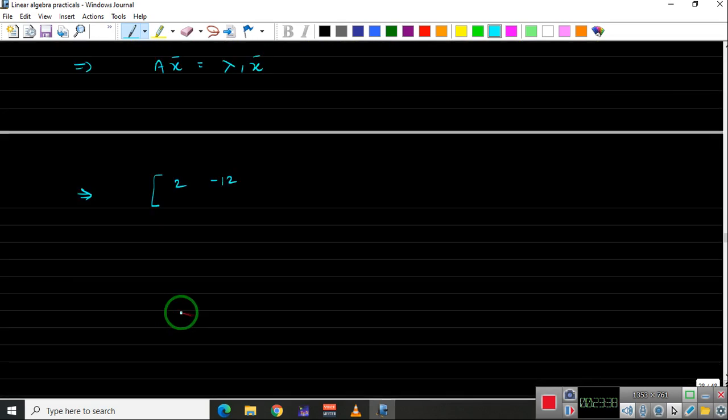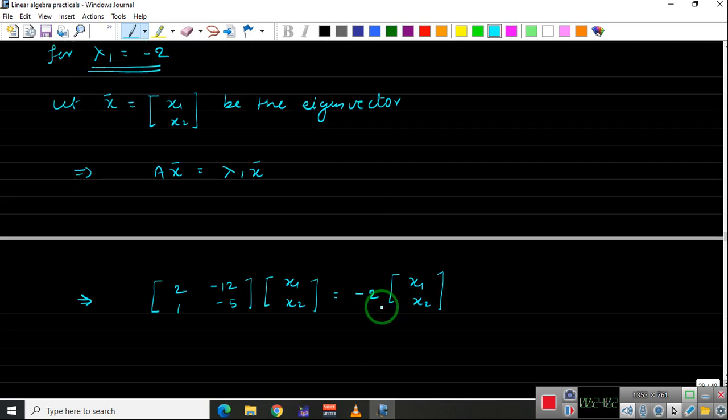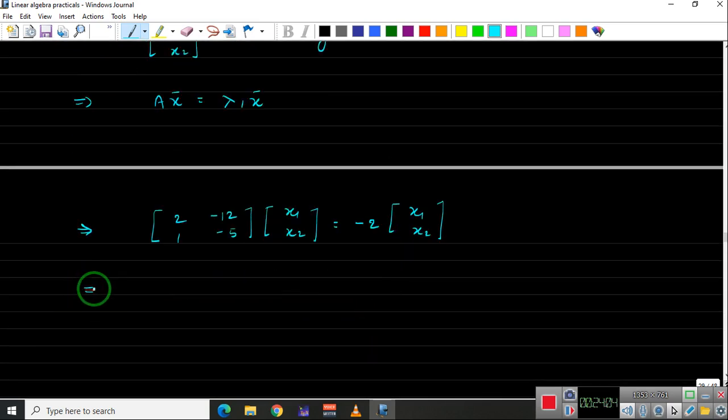So [2, -12; 1, -5] times the column vector (x1, x2) is equal to lambda 1, which is minus 2, times x bar, which is (x1, x2). This is our equation. Now let us multiply this. I am doing it this way because this is the first problem; we could do it straight away by taking A minus lambda I times x bar equals 0.